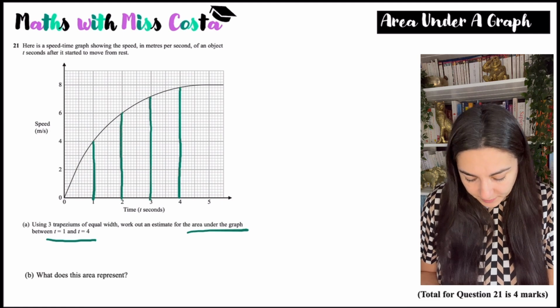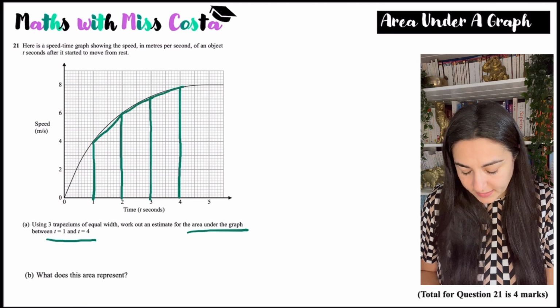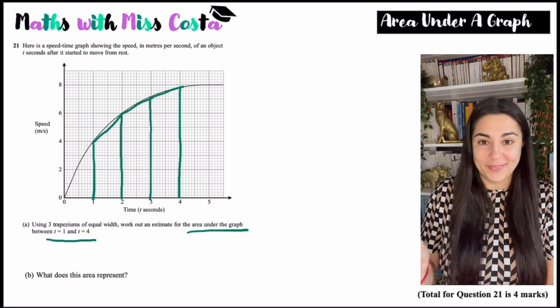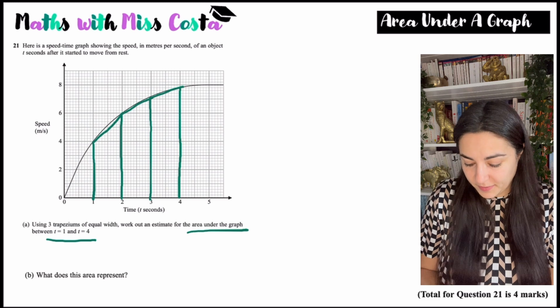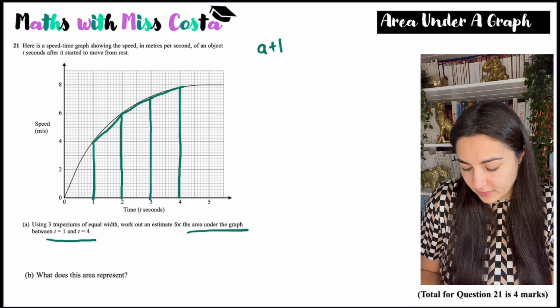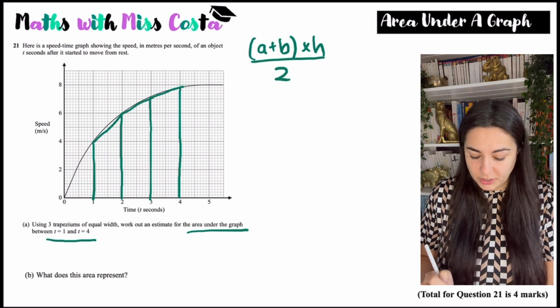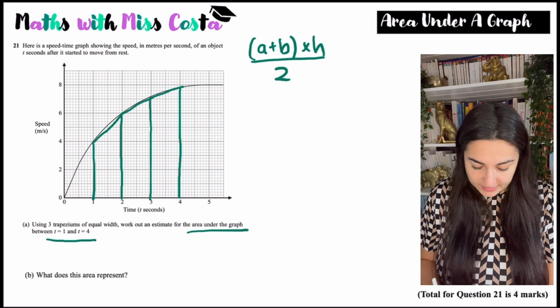The reason I say trapeziums is because obviously we can work out the area of a trapezium a lot easier than we can that curve thing. So what's the formula for the area of a trapezium? Well, the formula for the area of the trapezium is a plus b times h divided by 2, where a and b are the 2 parallel sides, h is the height.